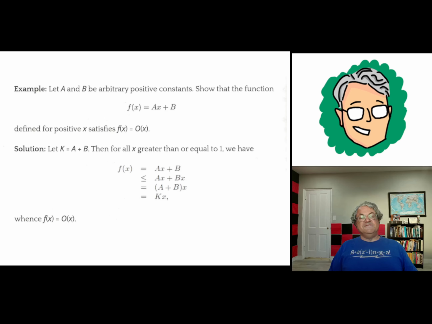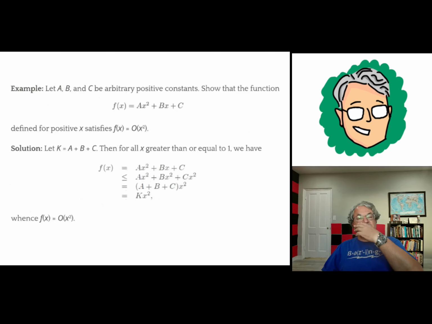Well, it's still O of x, and the reason is that for sufficiently large x, ax plus b is less than or equal to ax plus bx. When x is big, x is going to dominate, and we can write that as a plus b in parentheses times x. So our constant k is just a plus b. Since we found a constant times x that bounds f of x, we say again f of x is big O of x. So far, all three examples I've given are big O of x.